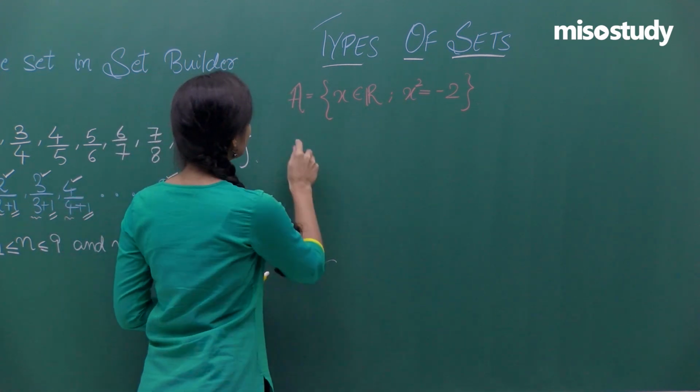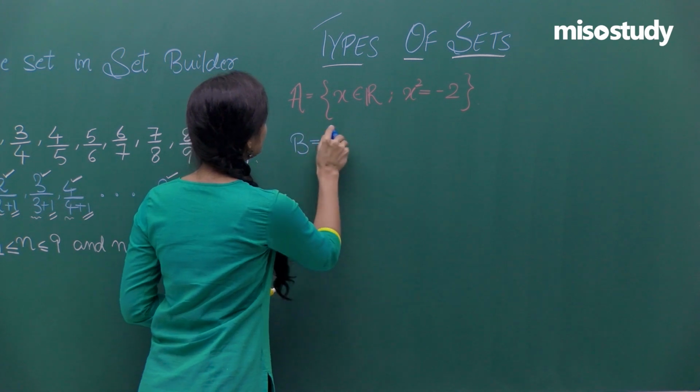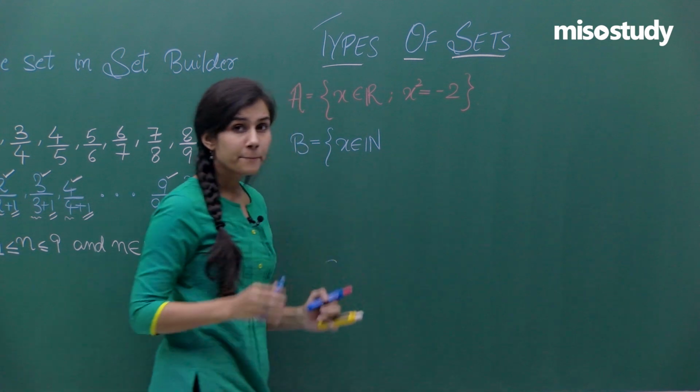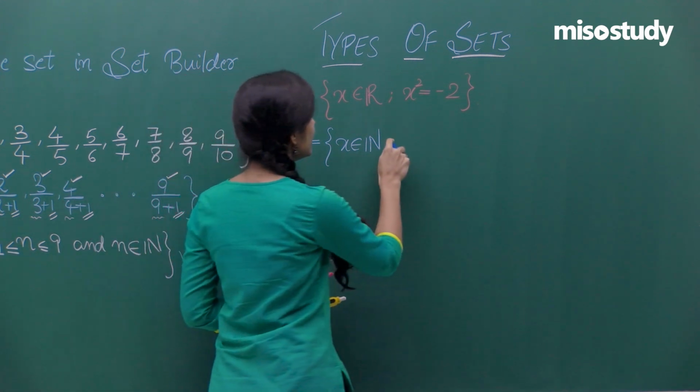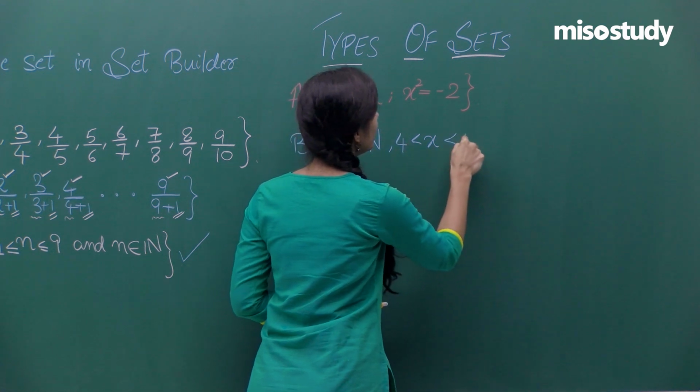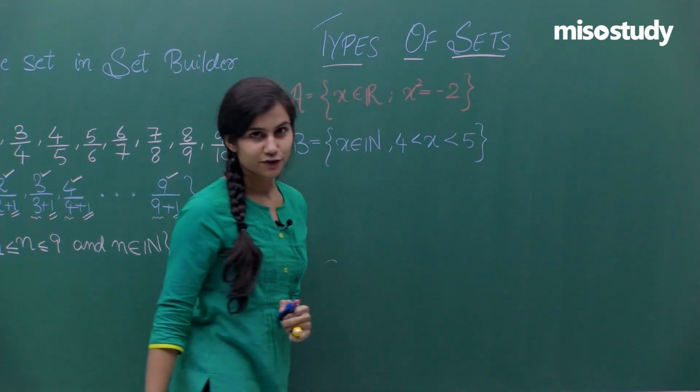And I am giving you my set B to be equal to all those x which are members of natural numbers such that those numbers are lying between 4 and 5.